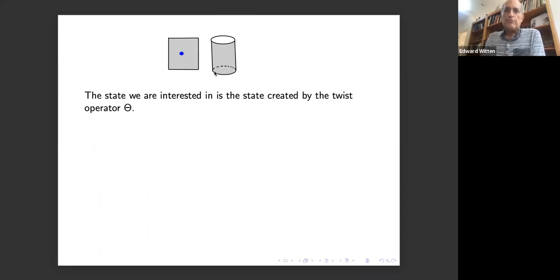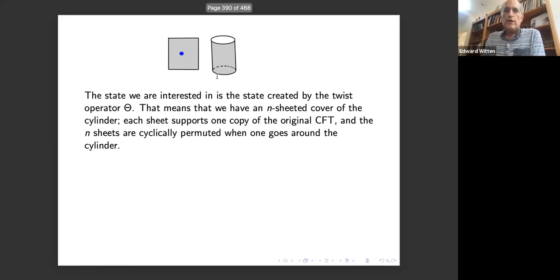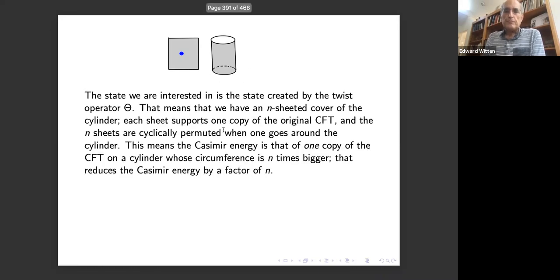So that means locally we have n copies of the original CFT, but when you go around, they're permuted. So effectively, we have one copy on an n-fold cover of the circle. In other words, we have a single copy of the CFT on a cylinder whose circumference is n times bigger. That reduces the Casimir energy by a factor of n.